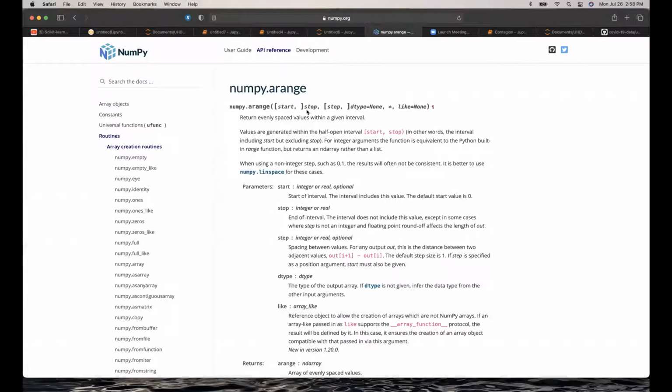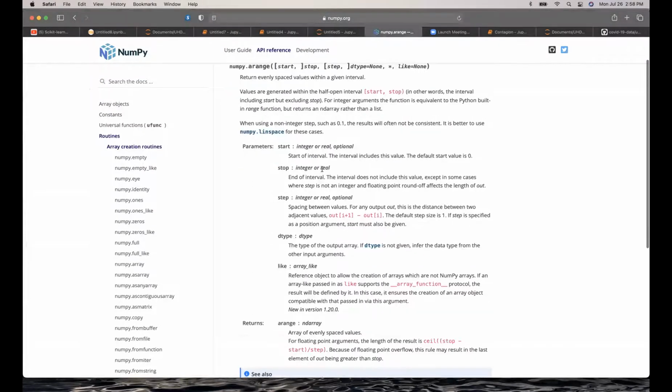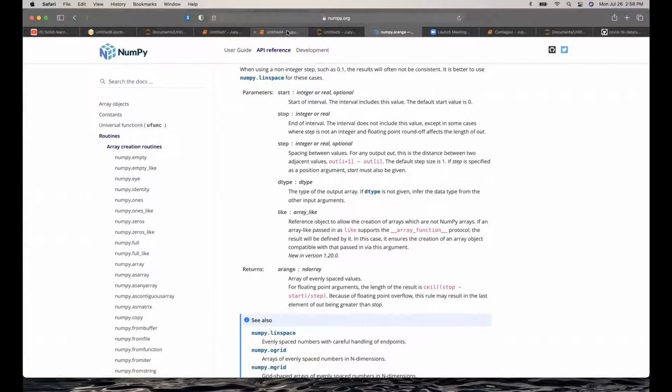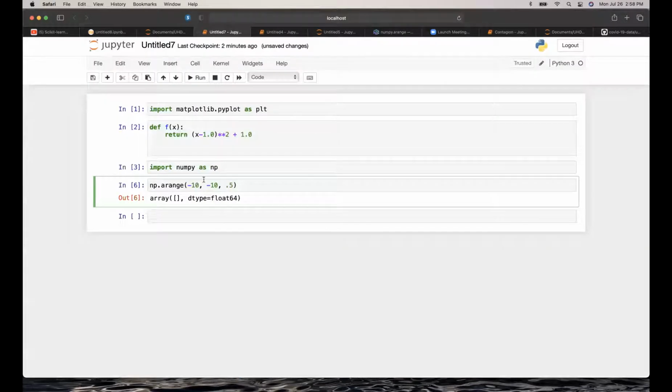So start, stop, step. Okay, so I'm just making a domain to plug in for the plotting. Maybe like start at -4, stop maybe at 10, increments 1.0.